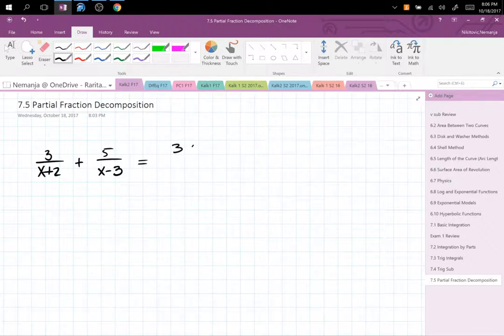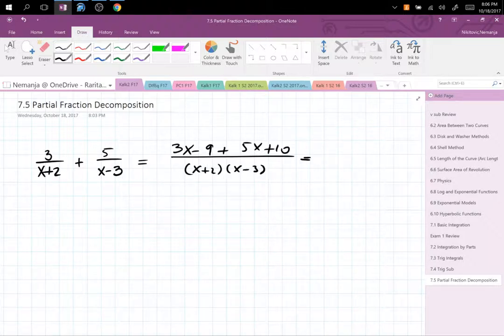So you would have 3x minus 9 plus 5x plus 10 over the common denominator of x plus 2, x minus 3, for the total of 8x plus 1 divided by x plus 2, x minus 3. So what we did here is the basic addition of two rational expressions. You learned this in algebra. We have the answer.